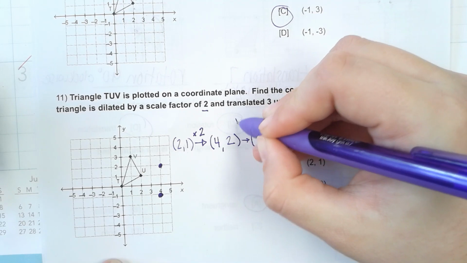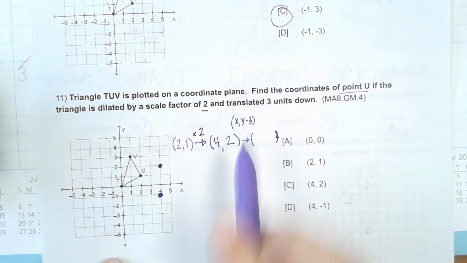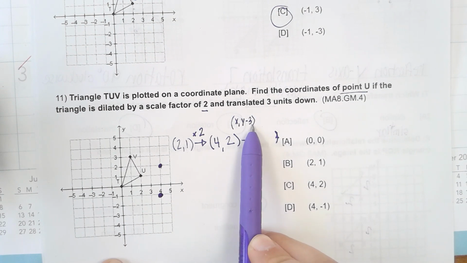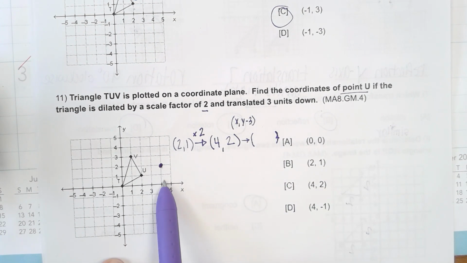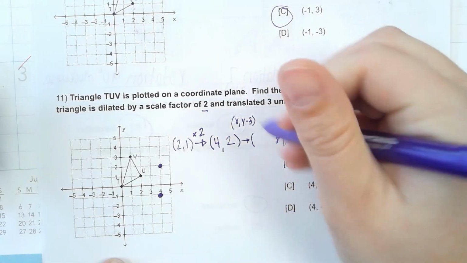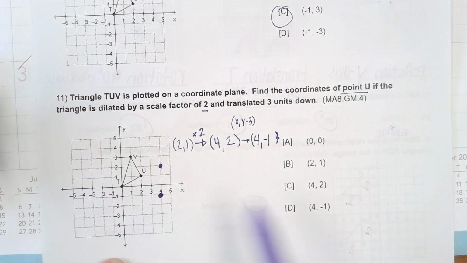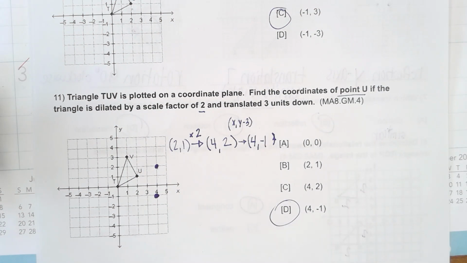So this rule is that you take your y minus 3. If I take 2 minus 3, I get -1, and from my picture, I do end up at -1 on my y-axis, so I know I did that correctly. Our end value is (4, -1), which is D.